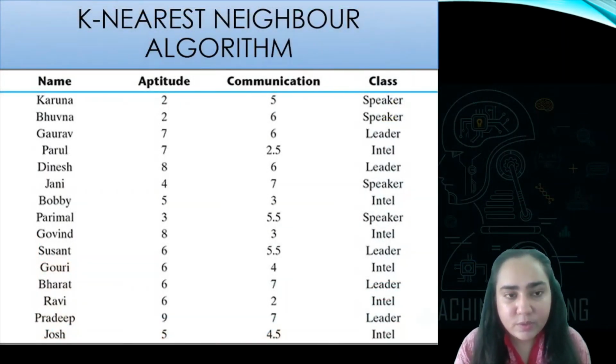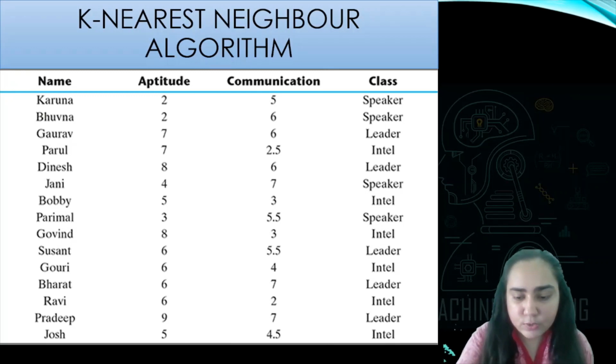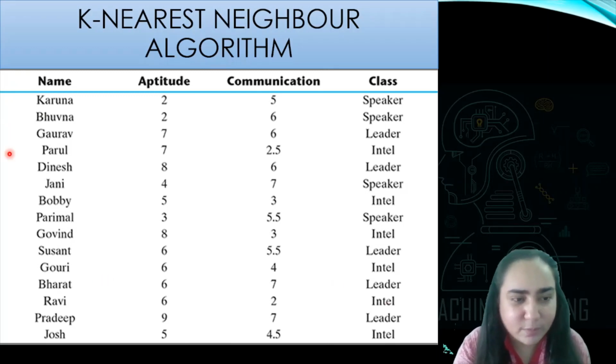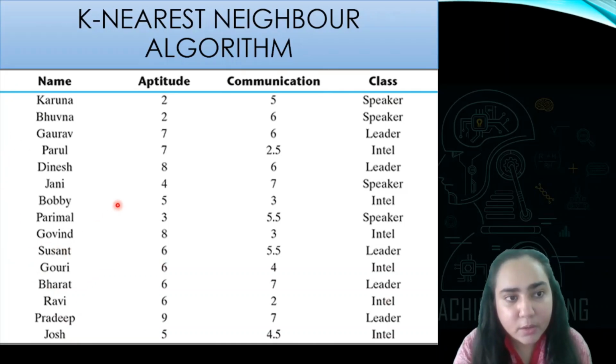We are going to start with an example of this algorithm. This data shows about 14 people with their scores in aptitude and communication. There are three classes: speaker, leader, and intel.